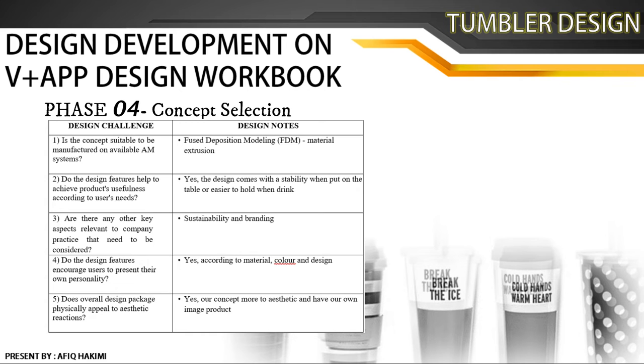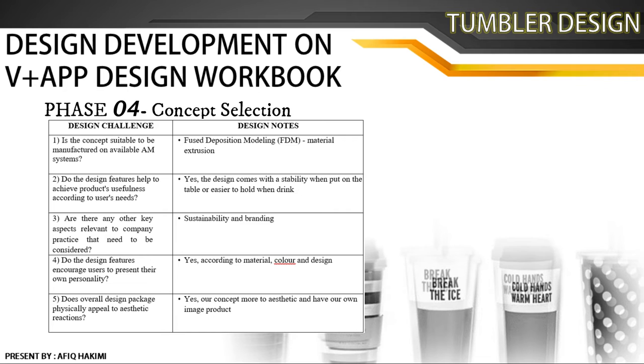Yes, the design comes with stability when put on the table and is easy to hold. We focus on sustainability and branding as the other key aspects relevant to the company that need to be considered. So we focus on these two values, sustainability and branding for the product.